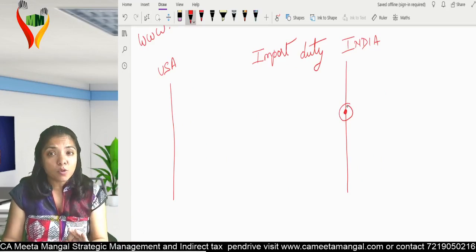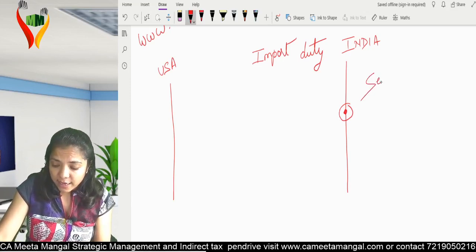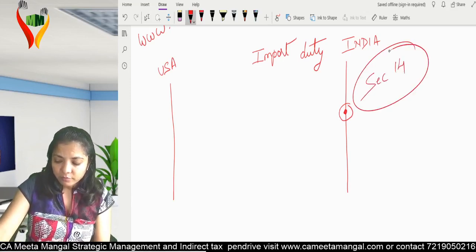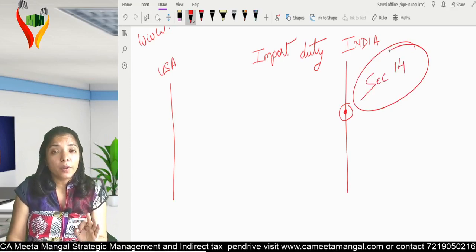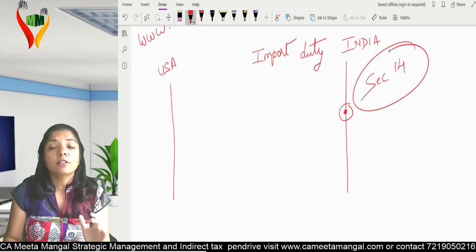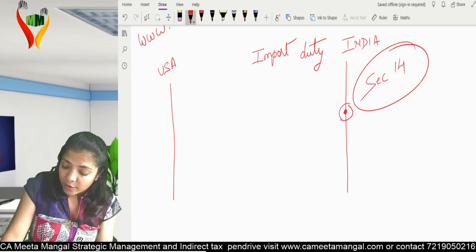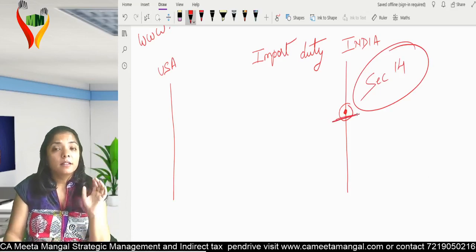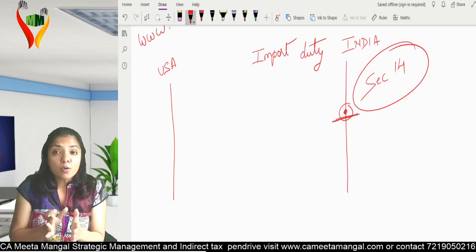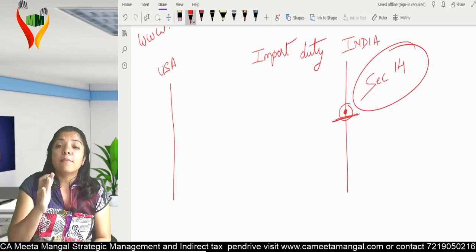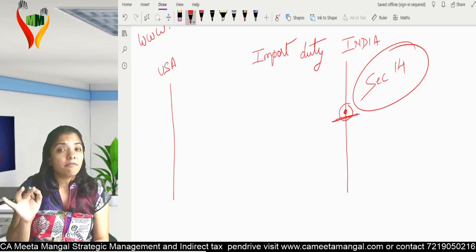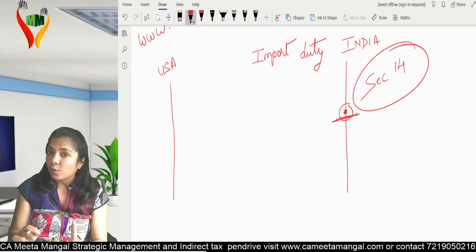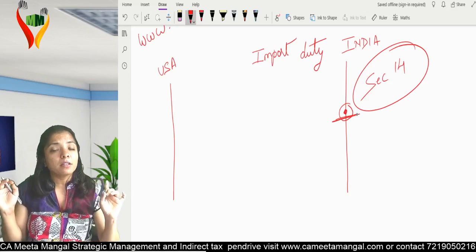We'll be studying this, don't worry. We will be studying section 14, which deals with the value of imported goods, but normally that value is at this point. By the time goods come to India, whatever is the value at that point, on that value we will be paying custom duty.